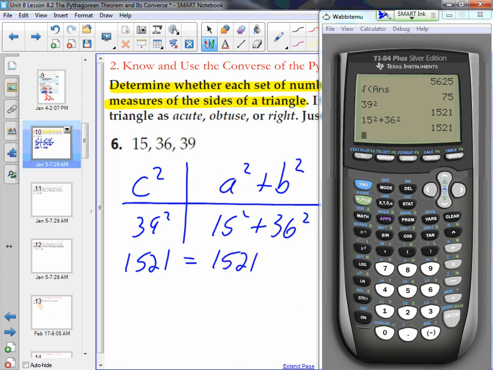So c squared does equal a squared plus b squared. So what kind of a triangle is it? It is a right triangle. Yeah. If you recognize that as a Pythagorean triple, you just put right triangle. All right, we good with 6?